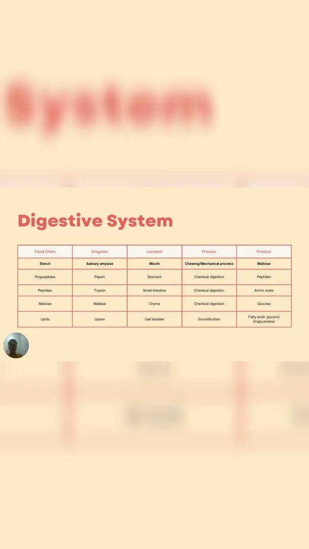Firstly, we have the starch, which will be bound by salivary amylase enzyme through the mouth by chewing to produce maltose. And that maltose will be bound by maltase through the chyme from the chemical digestion. It will produce the final product, which is glucose.